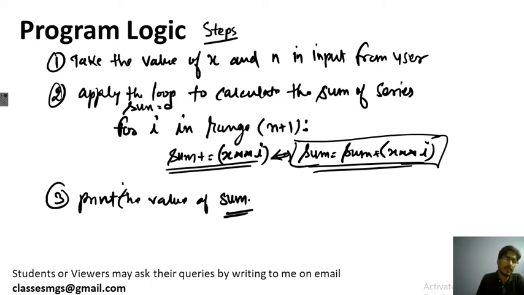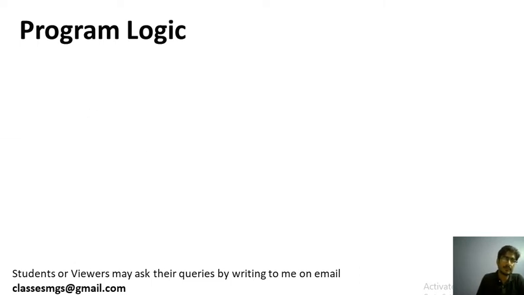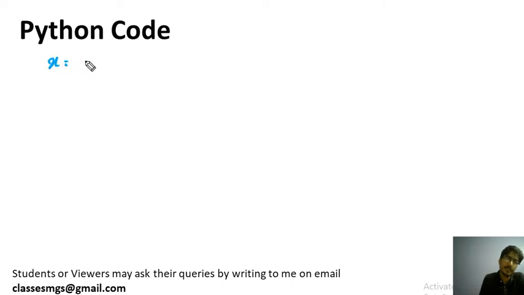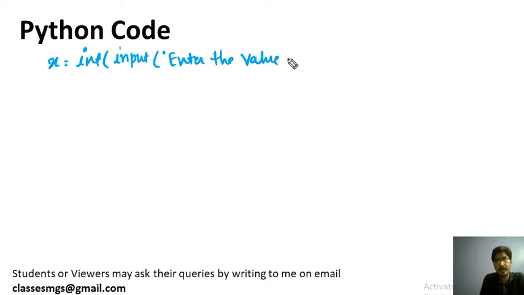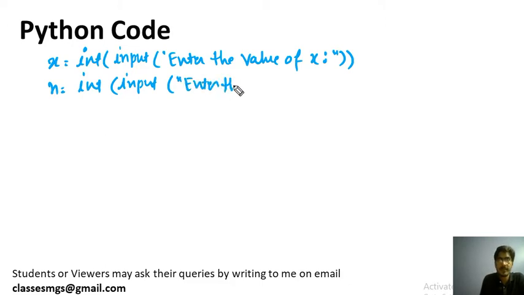Now we will go and write the program. Okay, so first thing what we need to do, we need to take the input x equals to integer input, enter the value of x. Now what we will do, integer input, enter the value of n.